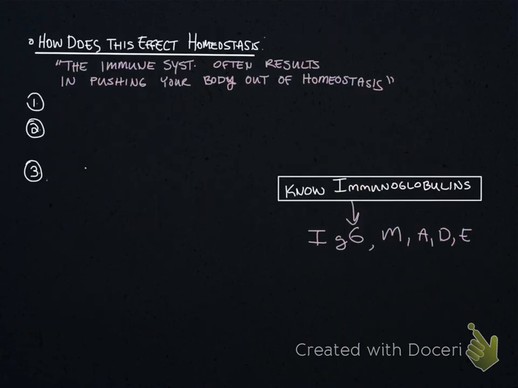So what effect does the immune system have on homeostasis of the body? Well, it aims to push your body out of homeostasis, and it does this by changing set points in your body. Remember, set points are the set points of regulated variables, like body temperature and blood glucose levels.